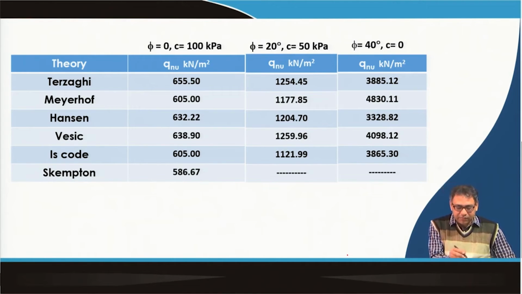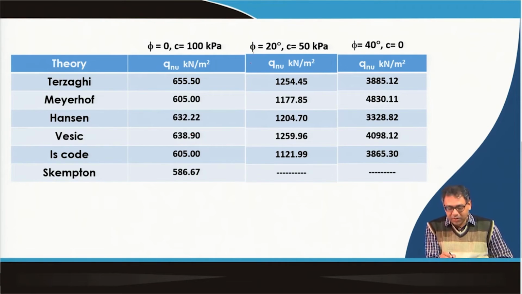You can see for phi equal to 0, that means cohesive soil, where I can use Skempton, the Skempton equation has given the lowest one, and the other theories have more or less given similar values. The IS code and Meyerhof have given the same value because their factors are similar. Then Vesic and Hansen have given similar values, because they are similar types of equation. Terzaghi has given a slightly higher value.